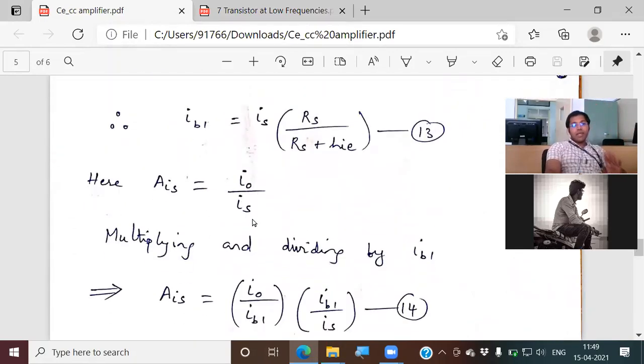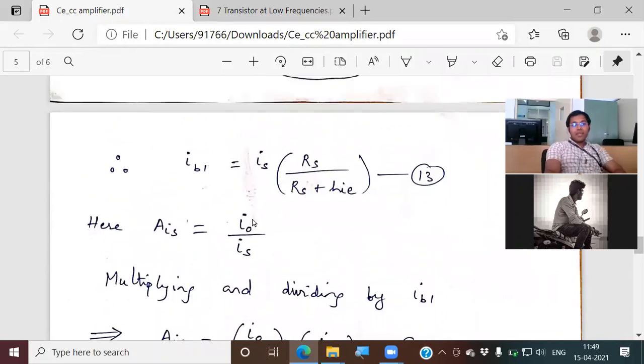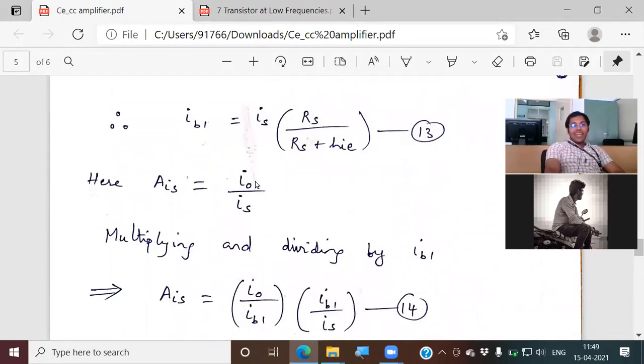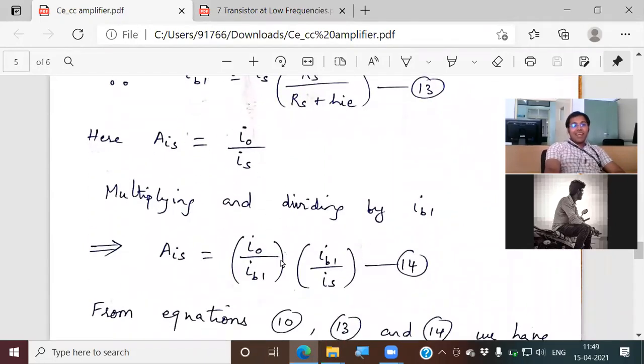Now this I can split like this. If I multiply and divide with IB1, can I write like this? Yes or no? The same expression, so I naught by IB1 into IB1 by Is.